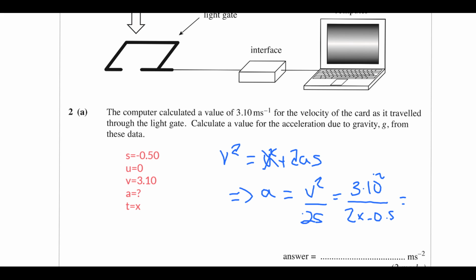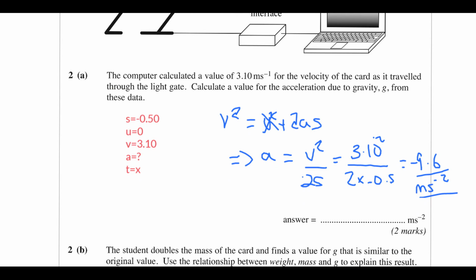And that gives an acceleration of 9.61, or 9.6 meters per second squared to two significant figures. So they would state the acceleration due to gravity as 9.6 because we know gravity acts downwards anyway, so that's the value of it there.